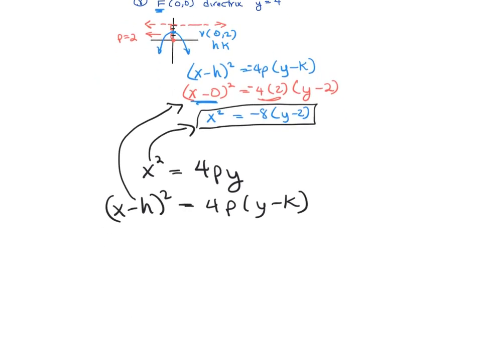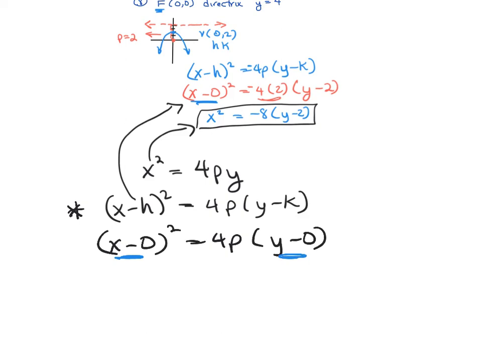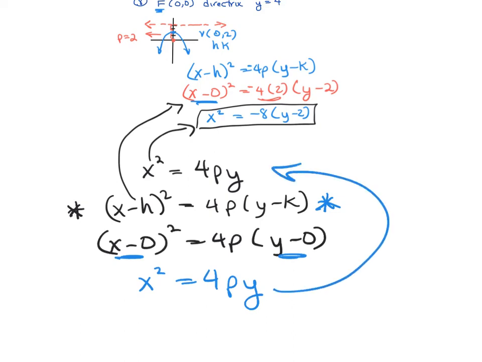So even when our vertex is at the origin, and I plug in a 0 for h and k, notice when I do the math here and here, what results is just x squared equals 4py. So really, you could just use this one, and when you're given the vertex at the origin, it just simplifies back down to that. It's up to you. So that was the last example.